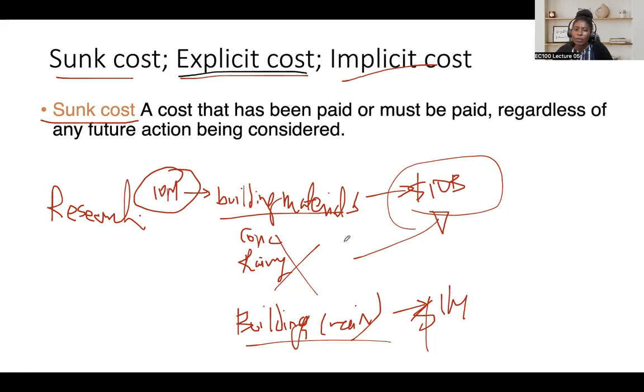So what is sunk cost? It's a cost that has been paid. You already incurred this money. You had researchers, or you promised to pay them. You already incurred this process of doing research.